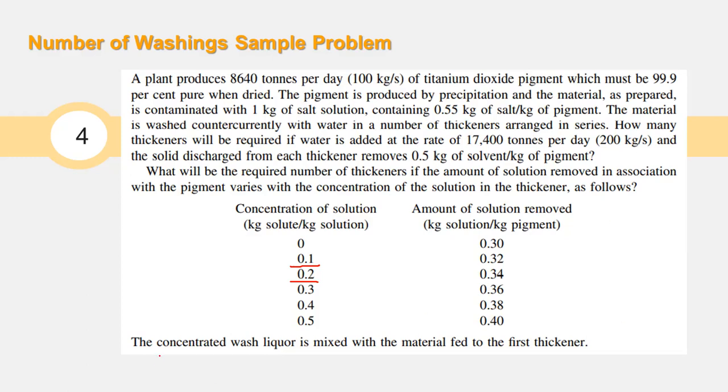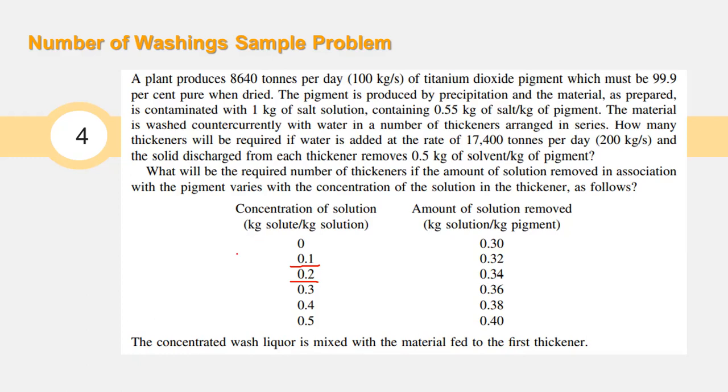Now, the final sentence says here that the concentrated wash liquor is mixed with the material fed to the first thickener. So the concentrated wash liquor, which is your omega-1 or your small w sub 1, is mixed with the material to the first thickener, meaning it is mixed with the raw feed, which is this 100 kilograms per second of titanium dioxide.